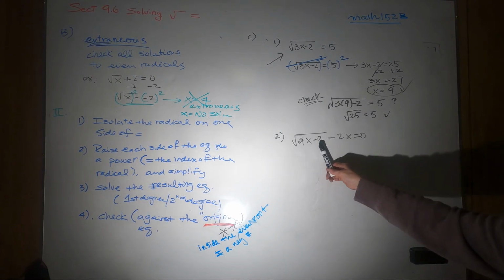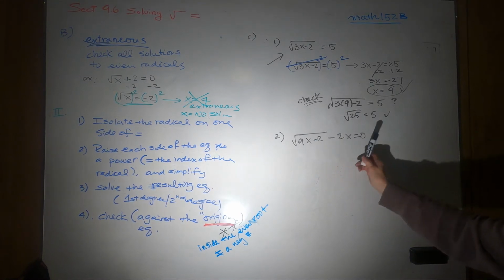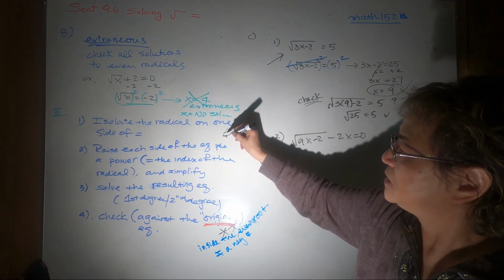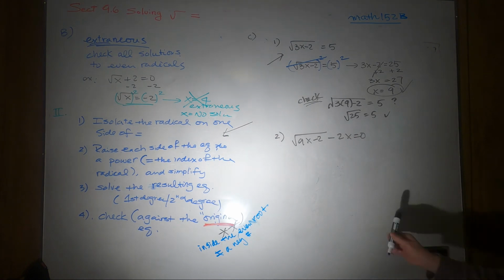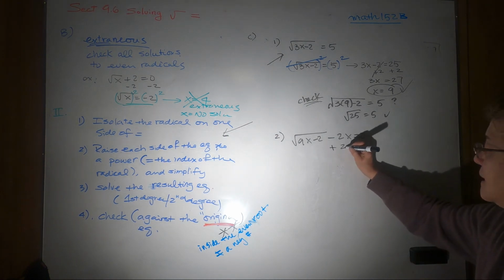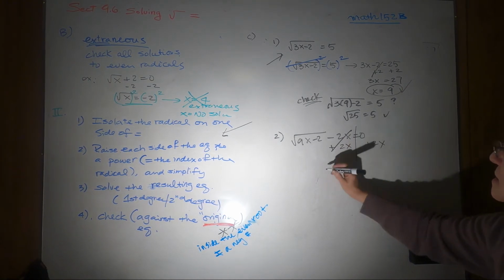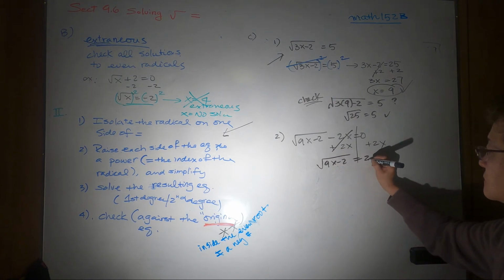Remember, you need to isolate the radical on one side of the equation first. For this one, you have to do that, right? So you can get the radical by itself.